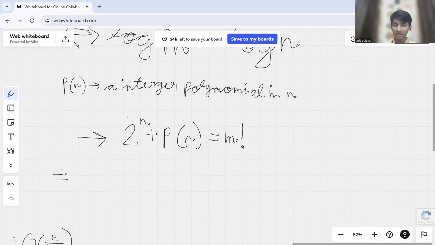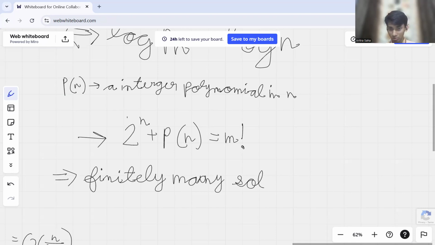And you have to prove there are only finitely many solutions of the ordered pairs m, n. Ordered or unordered, doesn't matter.